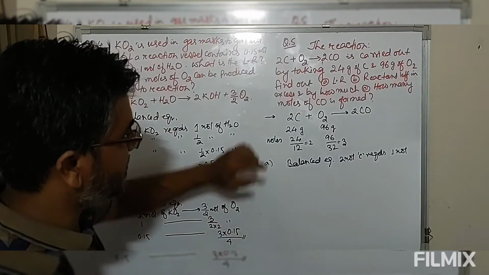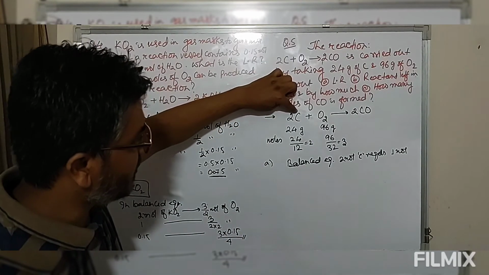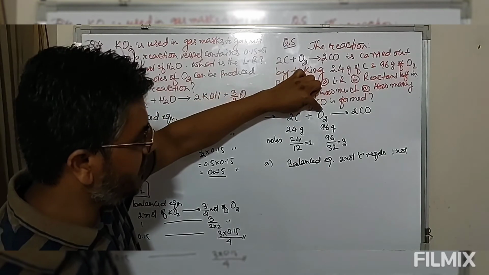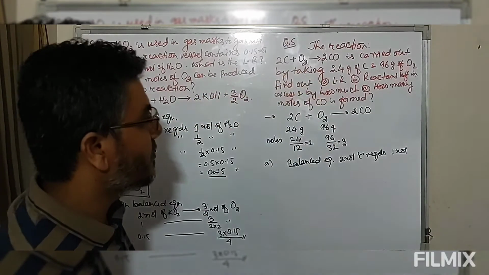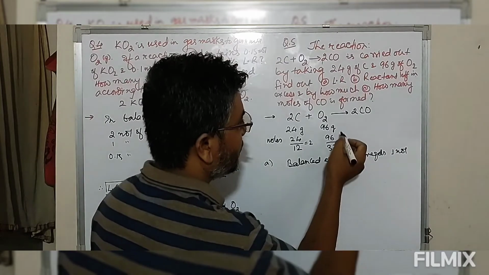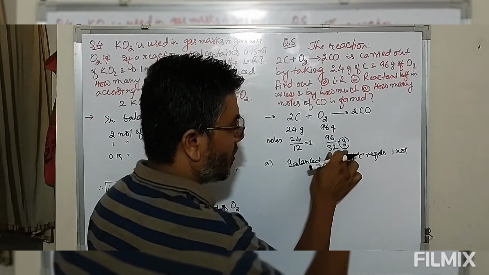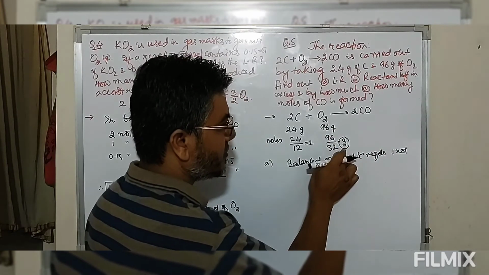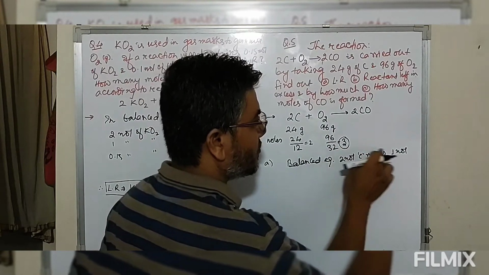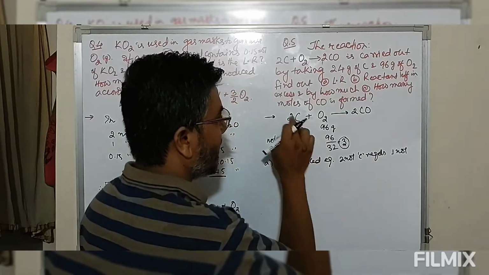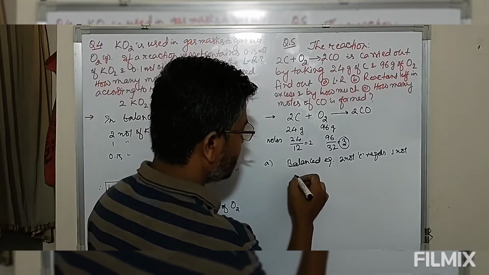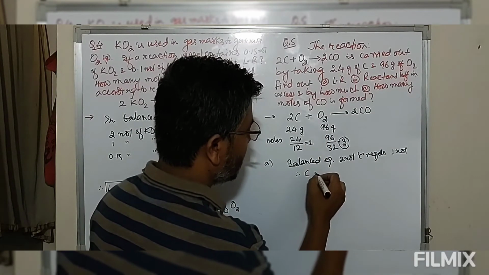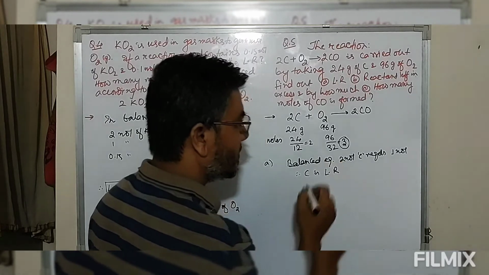In the balanced reaction, we say that for every 2 mole of carbon, we require how many moles of oxygen? We require 1 mole. But look at this, the actual amount of oxygen present is 3. The requirement is 1 mole. The actual present is 3. So that means the actual present is more than the required. So therefore, carbon is the limiting reagent.